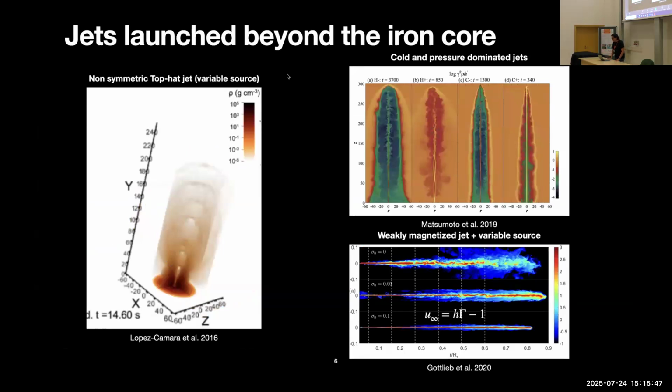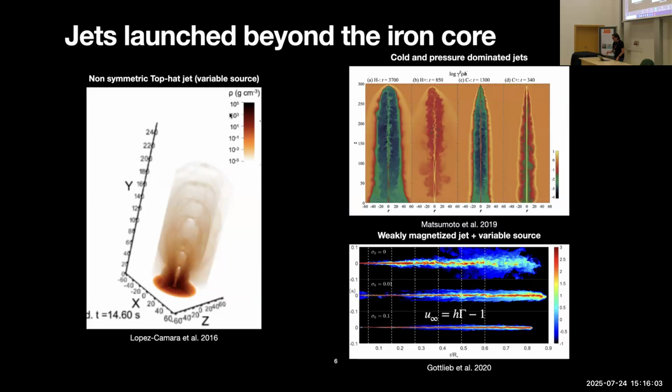Here I want to show some beautiful examples about how we have been characterizing the jet injection and in some way some connection with the central engine activity.